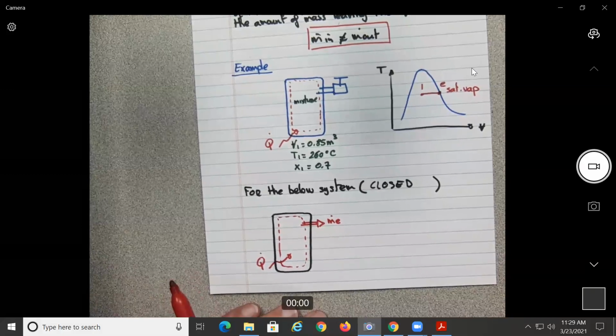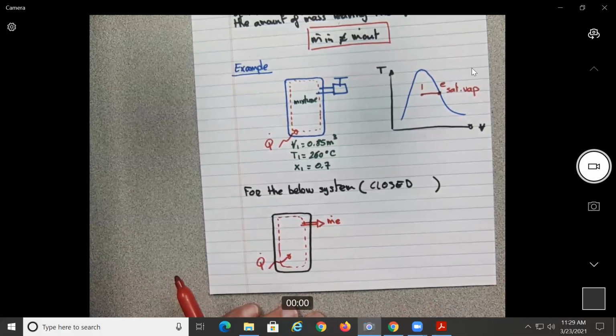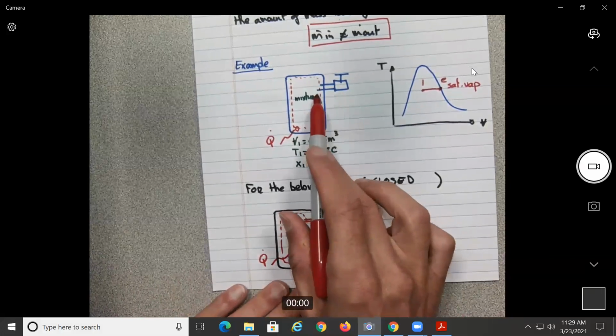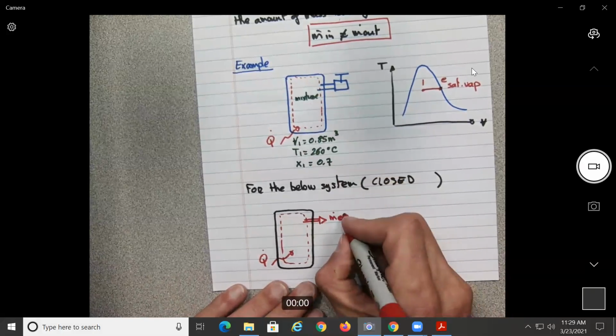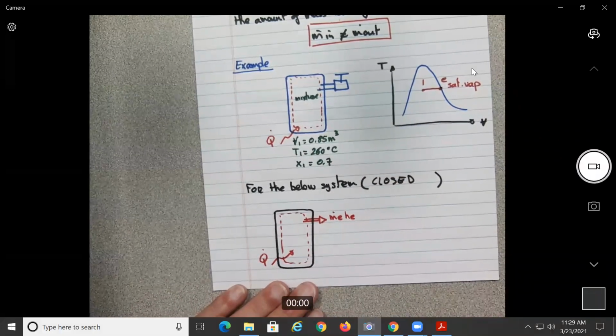If you deal with a closed system, always remember that you deal with internal energies, and you'll be using C sub V's. If you deal with an open system or control volume, you will be dealing with enthalpies, and that will be related to the C sub P. Okay? So what should be the energy leaving here by the pressure? This should be like an open system. It should be M dot H sub E.